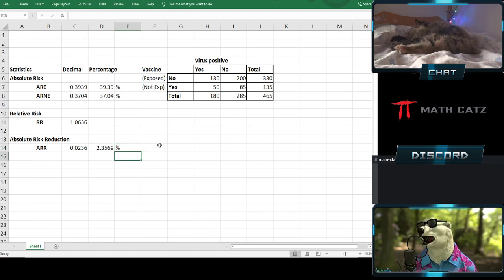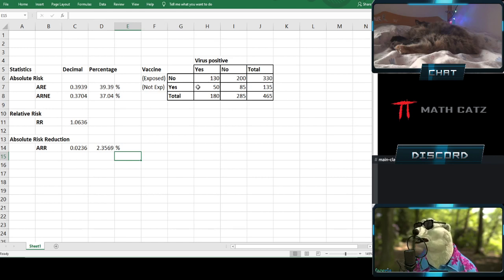So what does that mean? I have to be always able to interpret this. If I didn't care about the vaccine at all, taking the vaccine, not taking the vaccine, there is a chance of getting the virus. But not taking the vaccine gives me a 2.3% chance in addition to the quote unquote baseline normal situation.